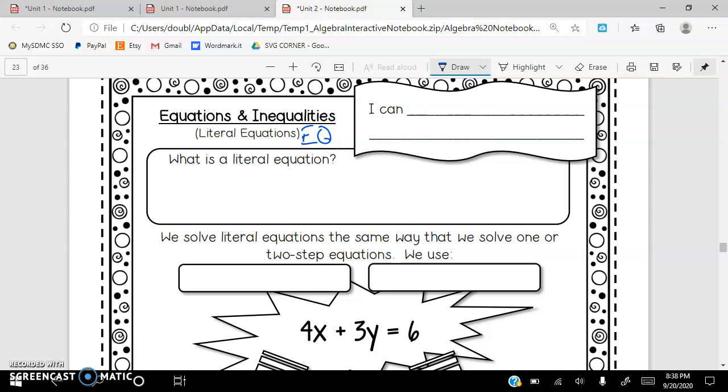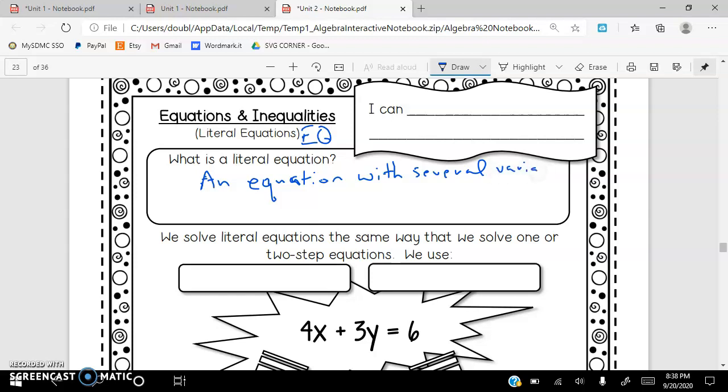So a literal equation is an equation with several variables.